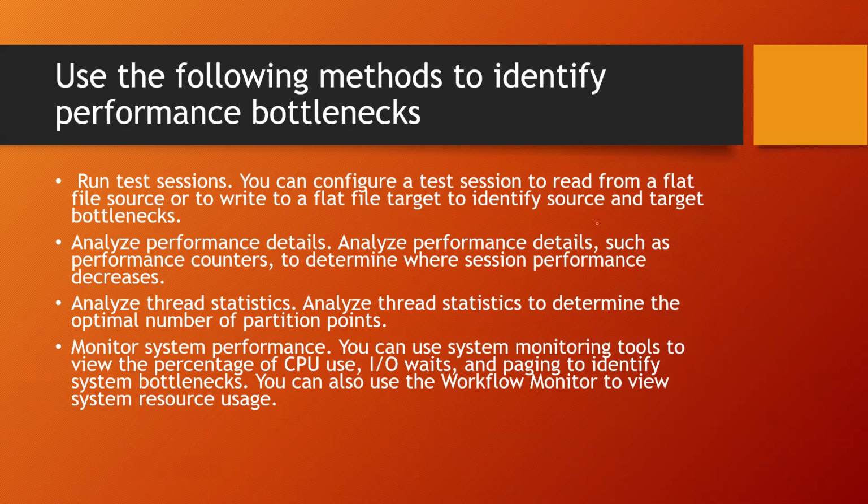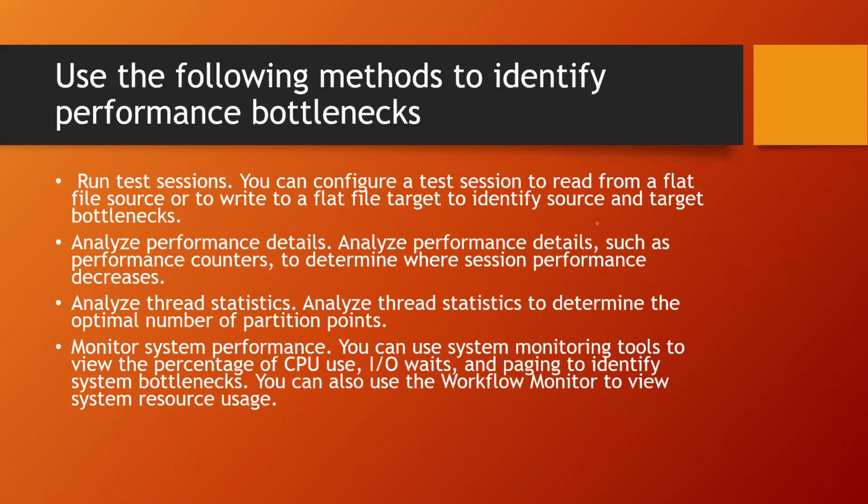After that, analyze the performance details, such as performance counters, to determine where the session performance decreases. Analyze the thread statistics to determine the optimal number of partition points. The last point is to monitor system performance.